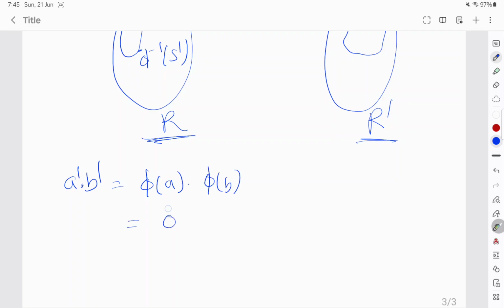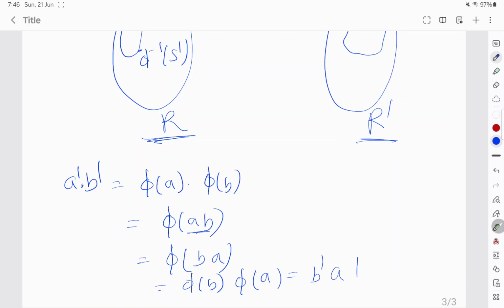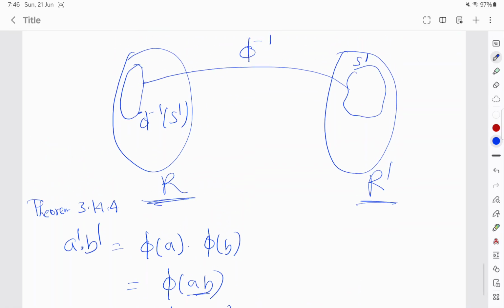Using the homomorphism property you have phi of ab, and since R is commutative, you can swap to b into a, and after that you can break. These are very easy, just have a read. This is theorem 3.14.4. In the case of subring, whenever your map is a homomorphism, that's it.